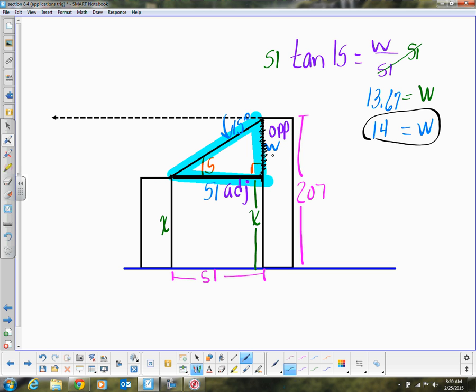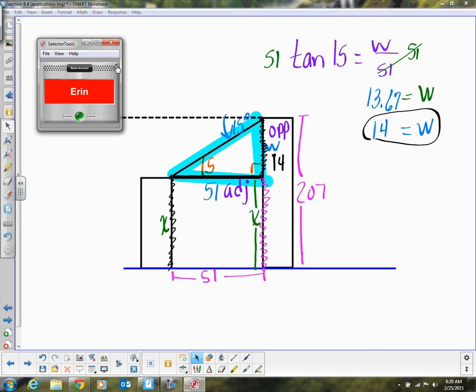Okay, so this is 14. We want to know how tall the building is. Do you see why it was important to associate this side also with X? How am I going to get the purple thing if I know the upper is 14?